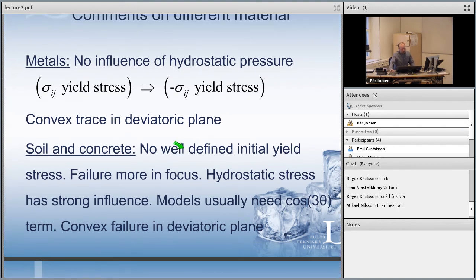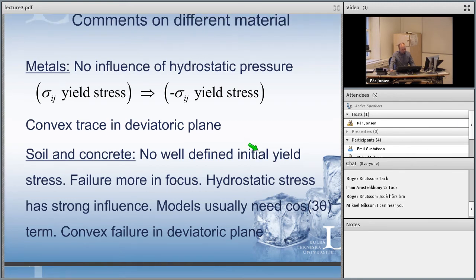But soil and concrete, rocks and so on, usually you don't see any yielding. It's just elastic and failure. And the influence from the hydrostatic stresses is very, very high. Also, if you have water content and so on, effective pressure, pore pressure, it's even more complicated.